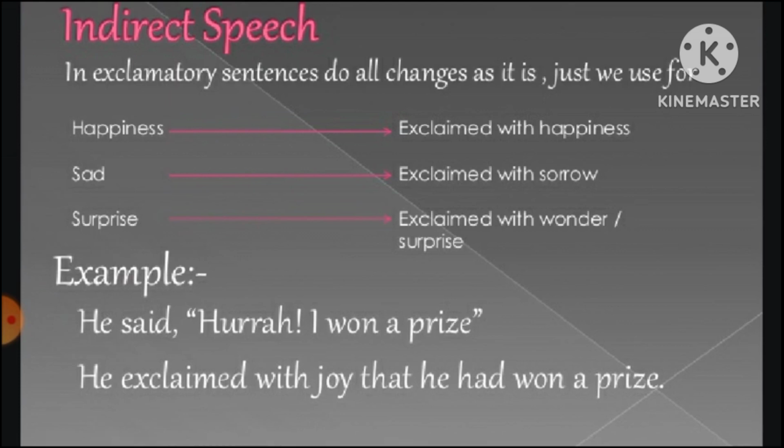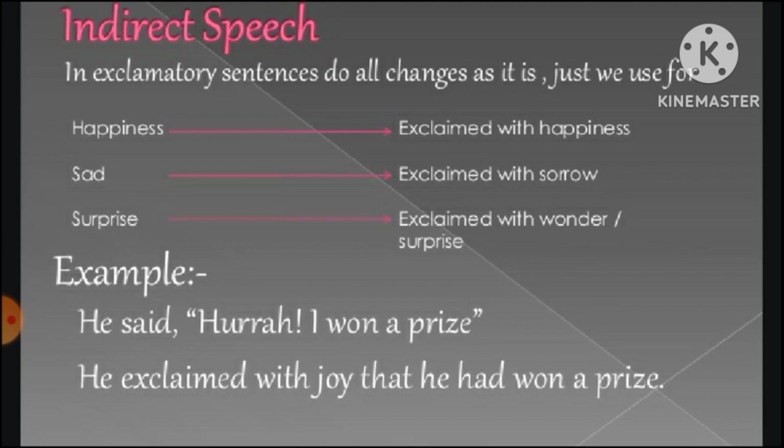So here you can see said is changed into exclaimed with joy, because here in direct speech hurrah is used, and hurrah shows happiness. That's why whenever a sentence shows happiness, then it is better to use exclaimed with joy.